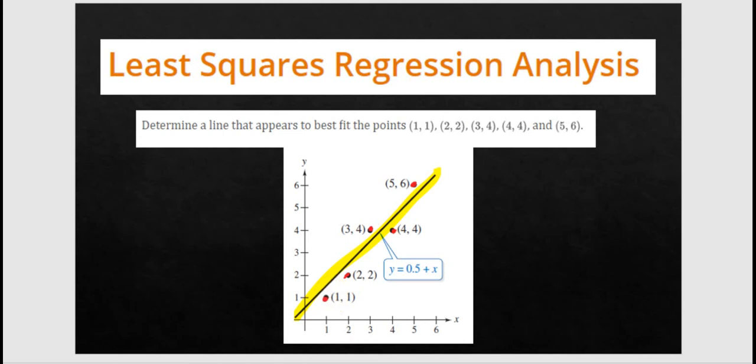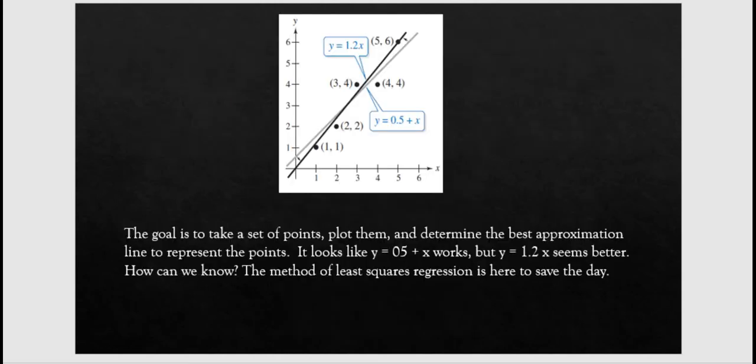Well, if you keep looking, it also would be suggestive that the line y equal to 1.2x may even be a better fit, with the y-intercept at the origin. The goal is to take a set of points, plot them, and determine the best approximation line to represent these points.